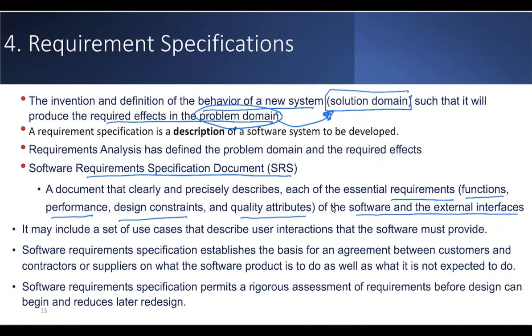In the requirement specification phase, we are talking about a detailed description of the software to be developed. It may include a set of use cases, so we can still use the notion of use cases, or modeling techniques using use cases, that can describe the user interactions that the software must provide.